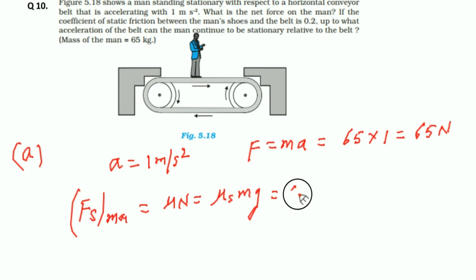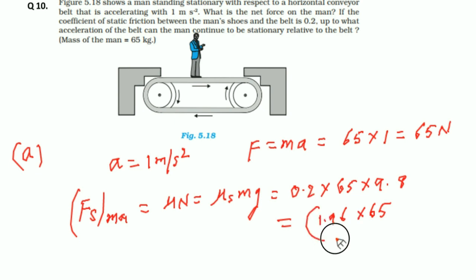Mu s is given 0.2, m is given 65, and g, suppose you take 9.8. So this will be 0.2 times 9.8, that is 1.96, into 65.